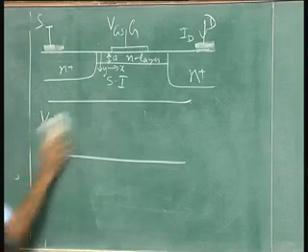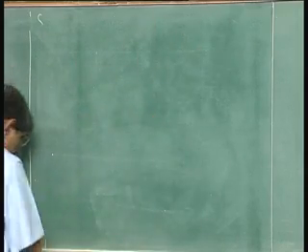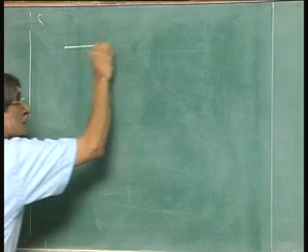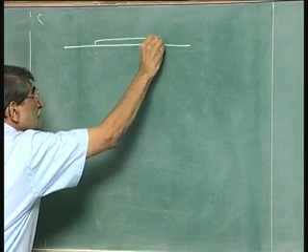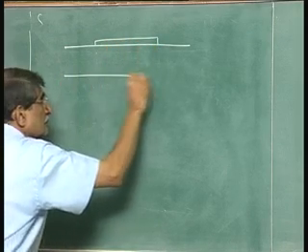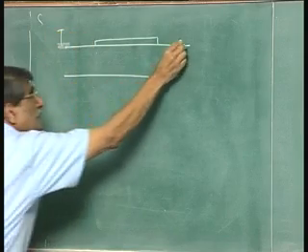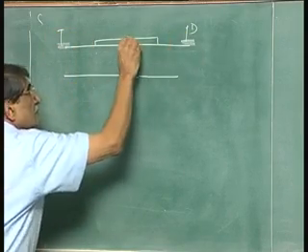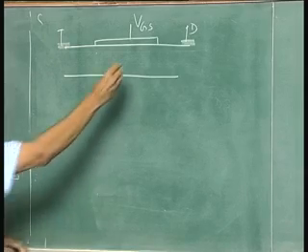I will put this here. So, what we have now is a long channel device. So, it is like this, and we have got the source, we have got the drain, and we have got VGS, and we applied some VDS.